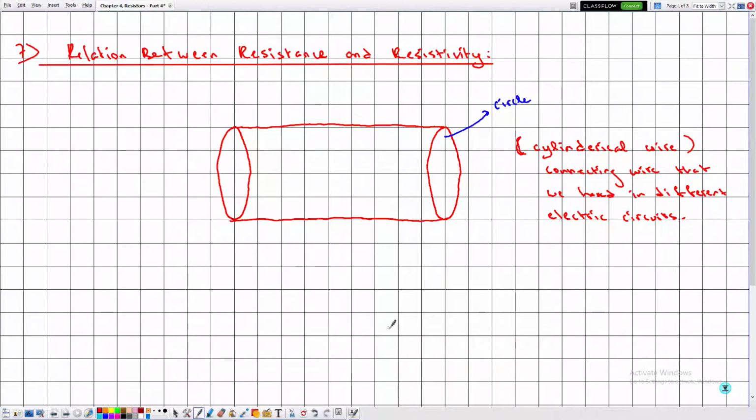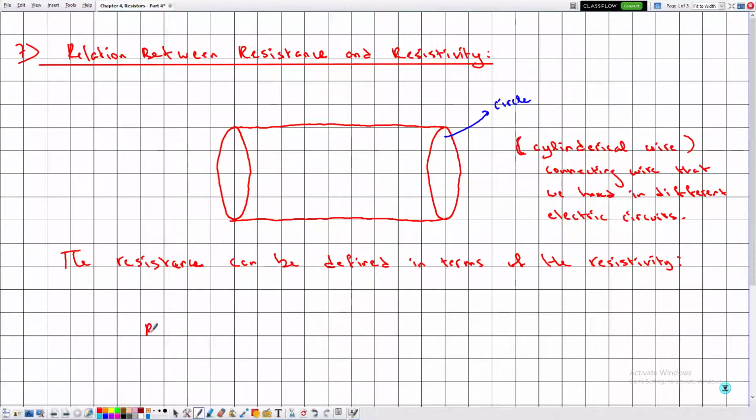Okay, and now let me say the resistance can be defined in terms of the resistivity, and the formula here that I will write is the following.